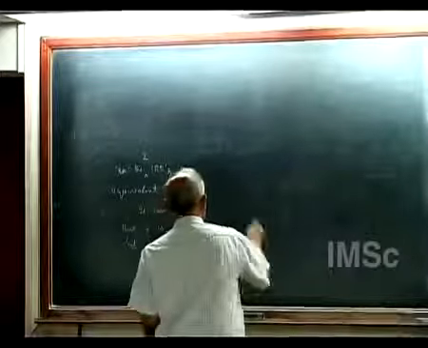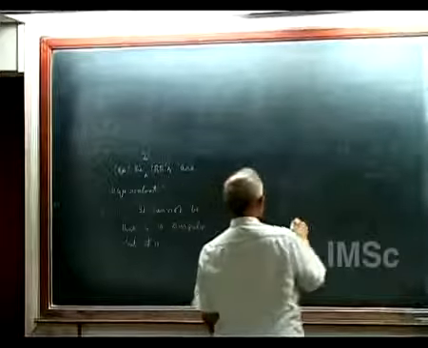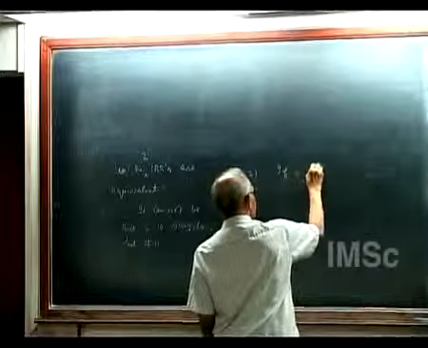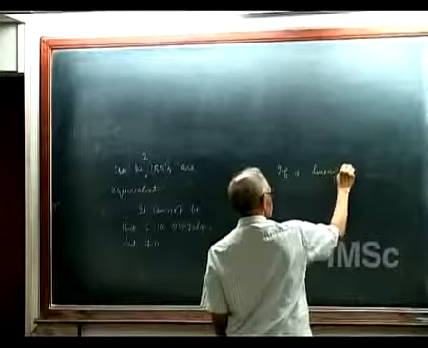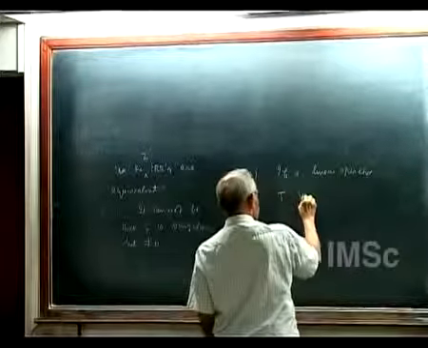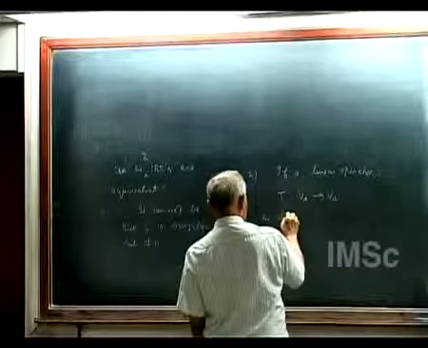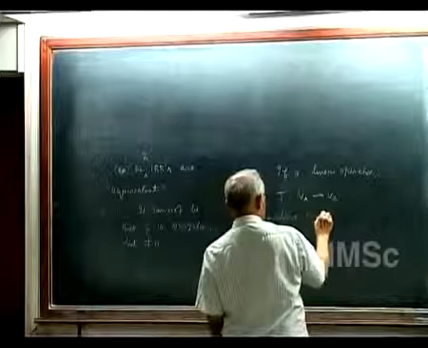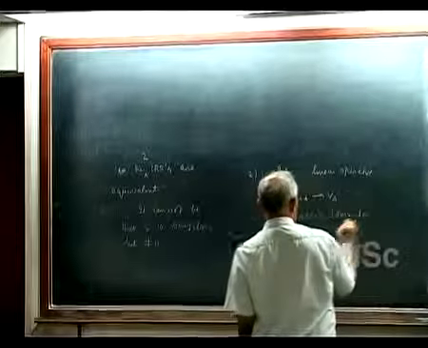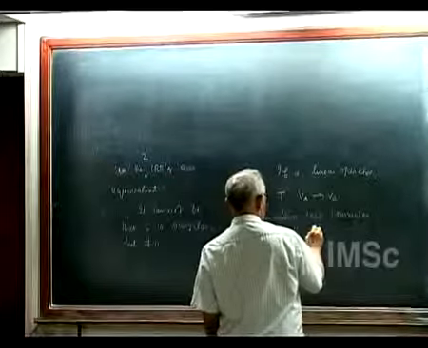The second part is the following. Same result. In this case, if a linear operator T, now I will take from V_A to V_A, in the above case, commutes with all the D-dagger.